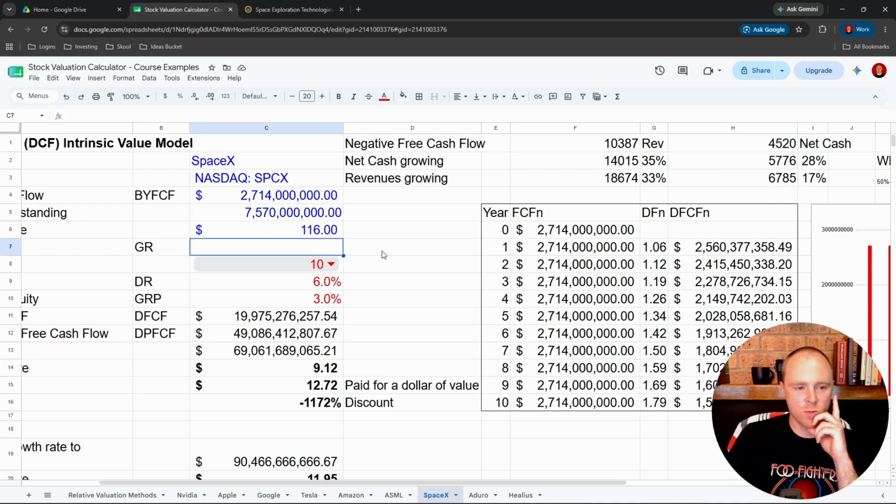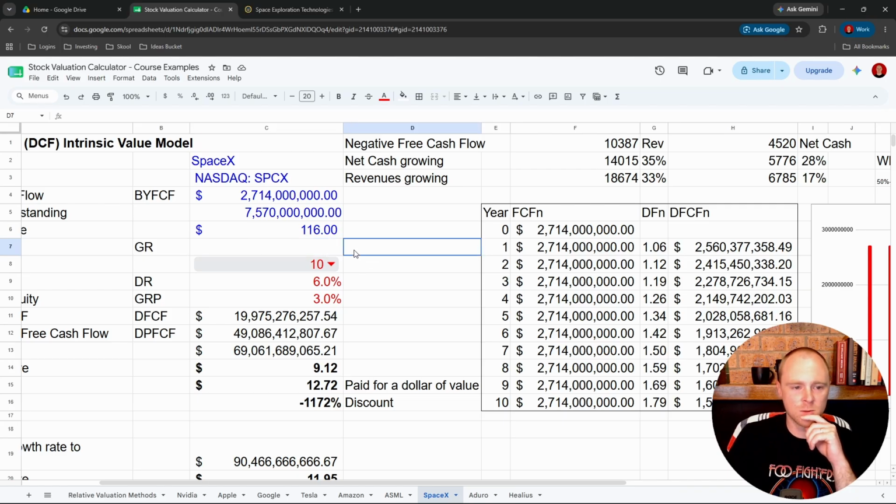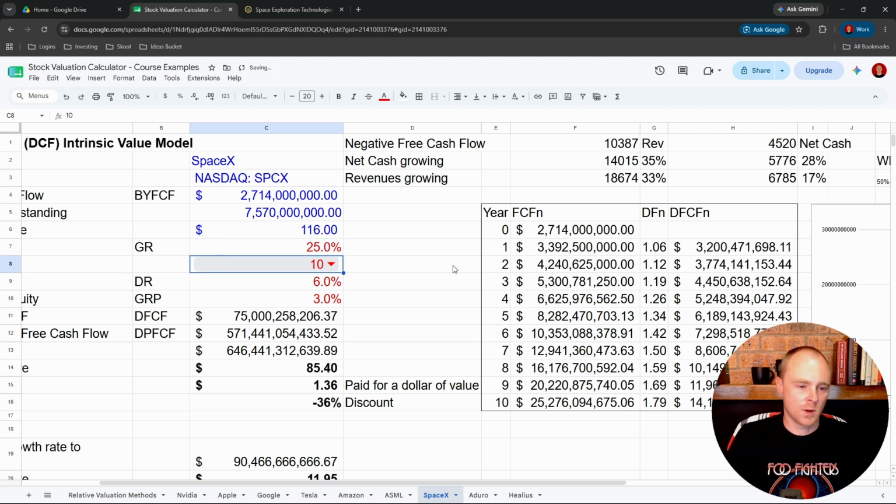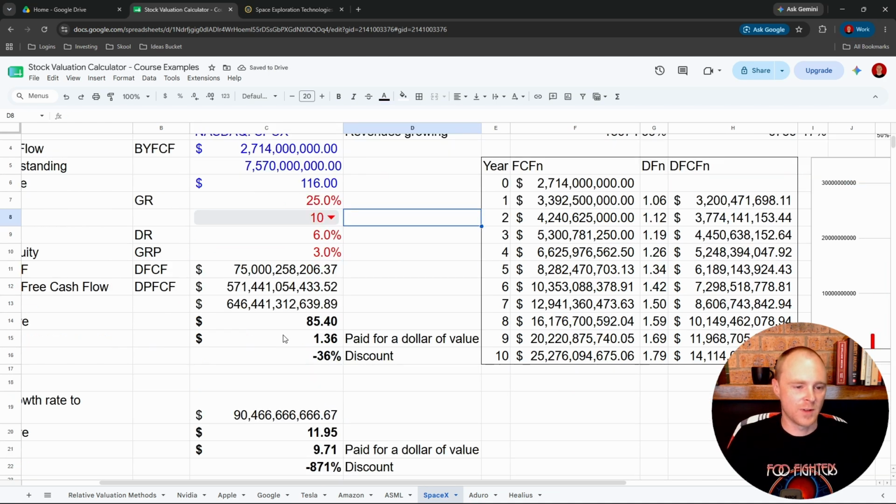Somewhere between 20 to 25 at this stage for a rapidly growing business, and one that's been quite well run up to this stage, we'd want to put in. So let's have a look at what a 25% growth rate over the next 10 years would give us for a value.